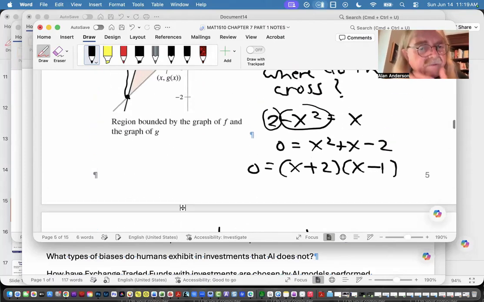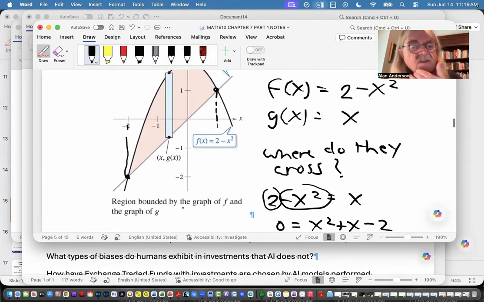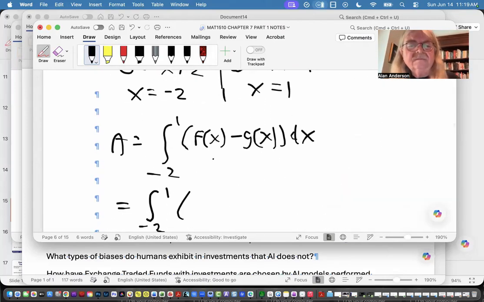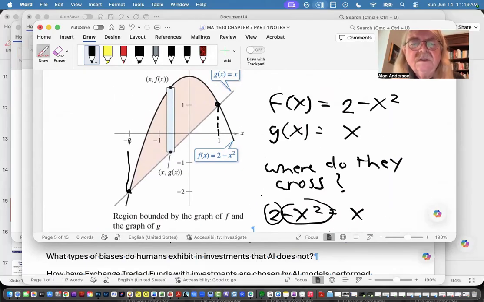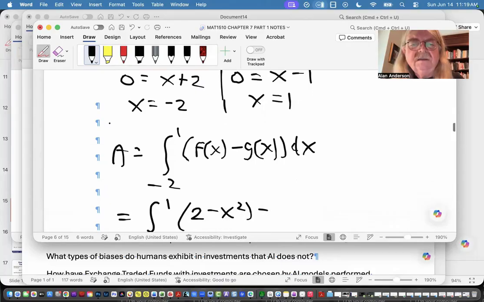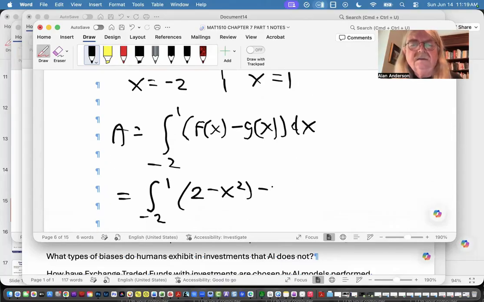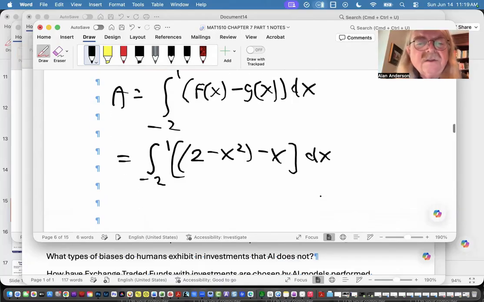All right. So once again, f of x was 2 minus x squared, and g of x was x. All right, so this will be very straightforward.